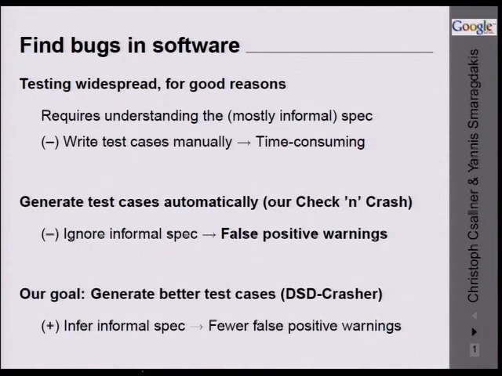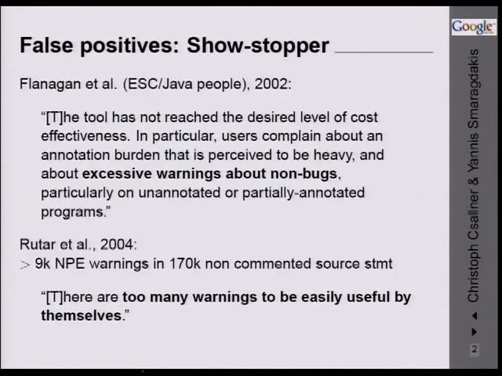I've talked to a bunch of you before about using static analysis tools and automatic bug finders, and one of the biggest reasons they are not used more widely is false positives. This is also recognized in the research literature.